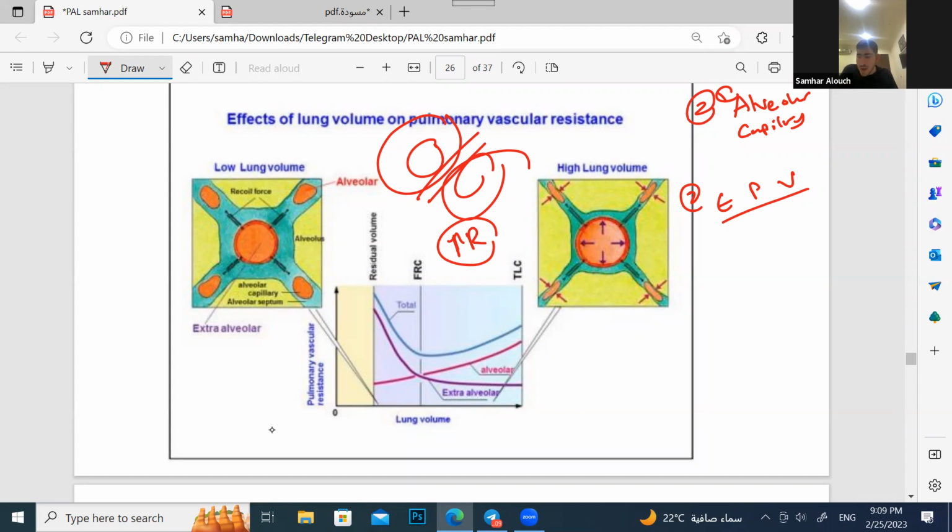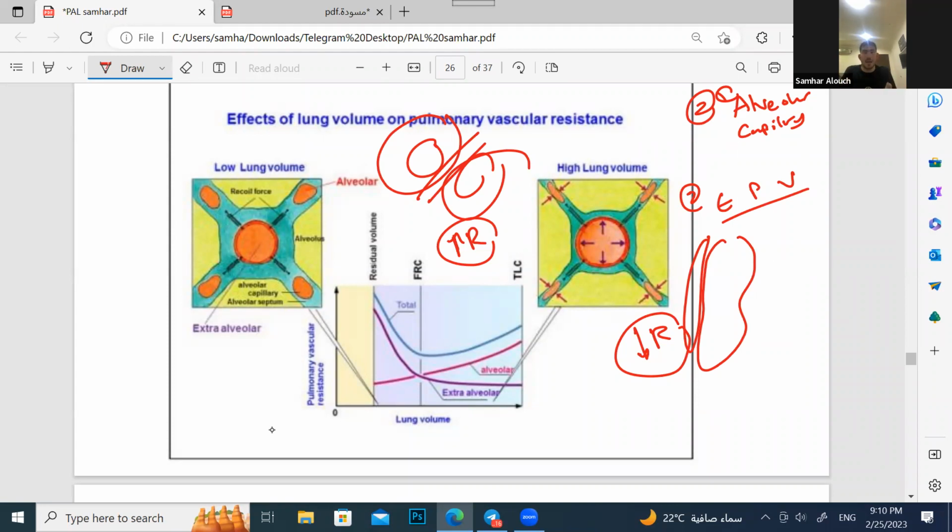On the other hand, we have the extrapulmonary vessels, which are at the lung here. Once we inhale, the pleura will take them with it. It will stretch them. So when we inhale, they get stretched, vasodilated, and we have a decrease in resistance. So it's opposite things. When I inhale, the alveolar capillary will have increased resistance, and the extrapulmonary vessels will have decreased resistance.